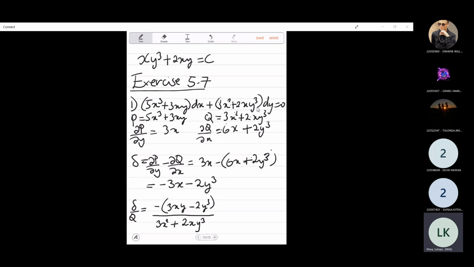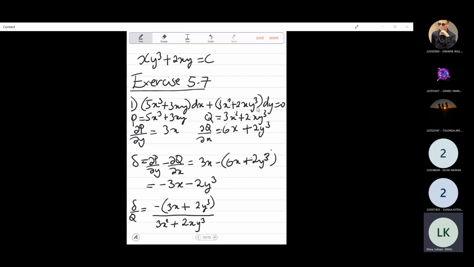Sorry, this y here is not there. There's no y there. Okay, so we see that in the denominator, if we factor out an x, then the numerator and denominator can cancel. Again, this is also a plus. Yeah, I think now it's right.